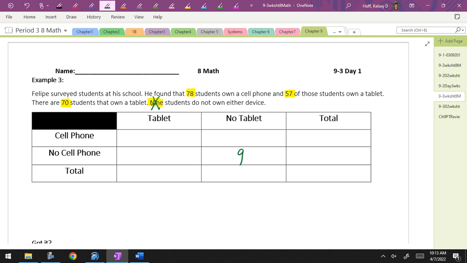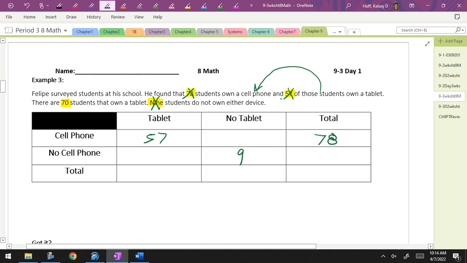So where does 78 go? And the first one. That's your cell phone total. At that point, we don't know anything else about them. Then it goes on to say 57 of those students. Well, those students are the cell phone students, own a tablet. So cell phone, tablet would be 57.